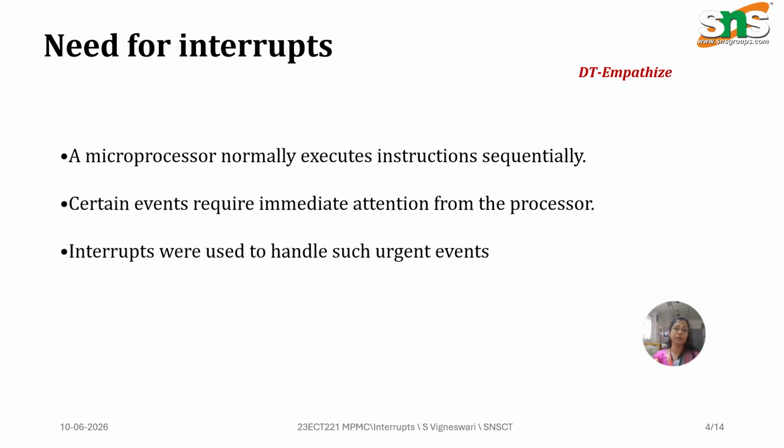Without interrupts, the processor would continuously check every device to see whether a service has been requested, and that process is called polling. It is more efficient if a student raises a hand only when help is needed, rather than the teacher going around the classroom asking every student whether they have any doubt. Interrupts work in the same manner.